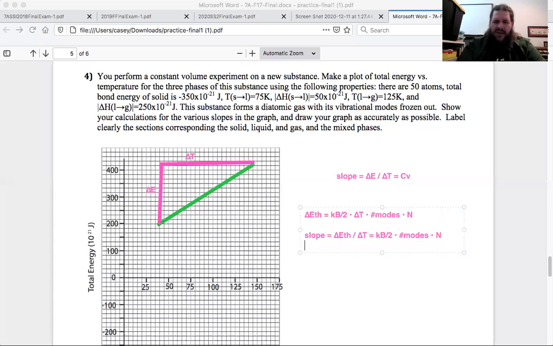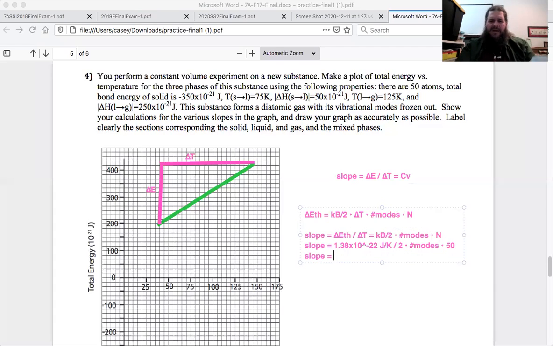If you just calculate kB over 2, so that's 1.38, was that 1.38 times 10 to the negative 22? And then divided by 2 times number of modes times number of particles, which is 50.